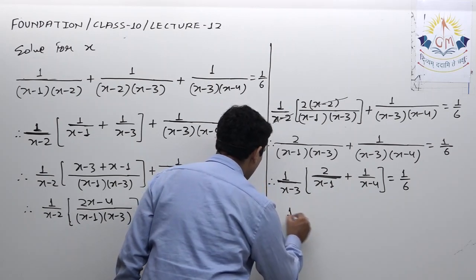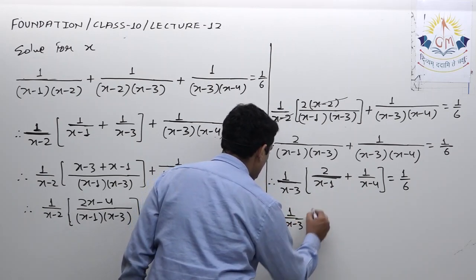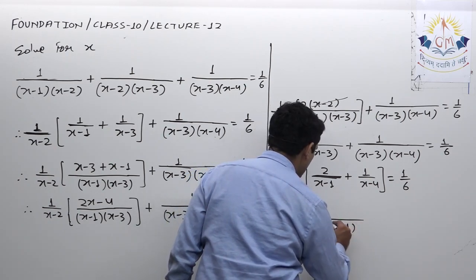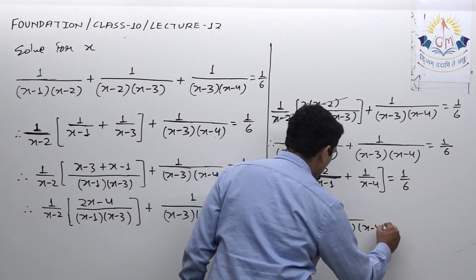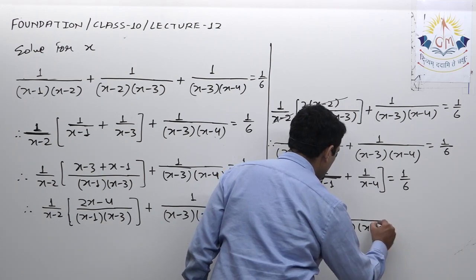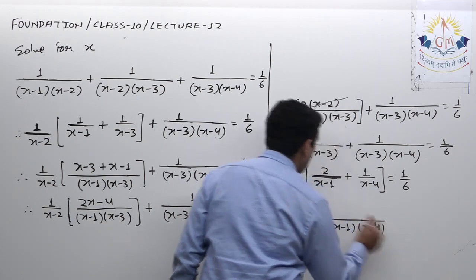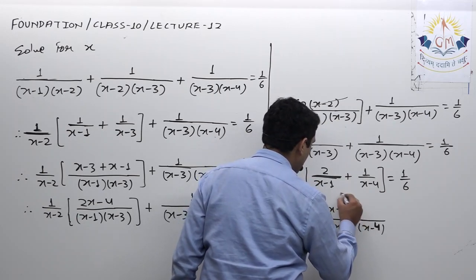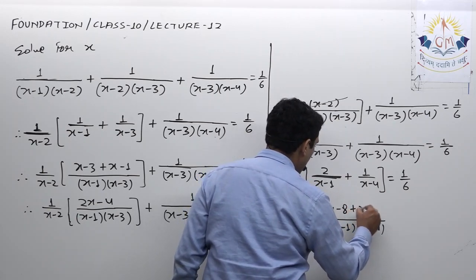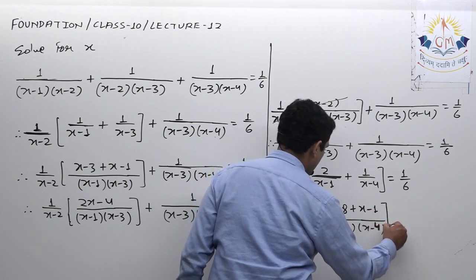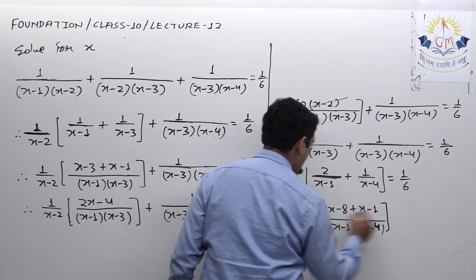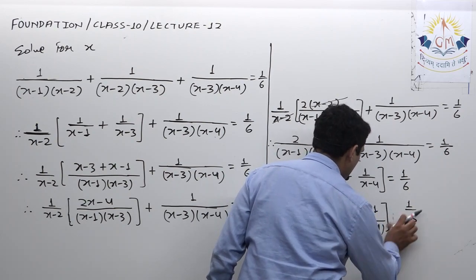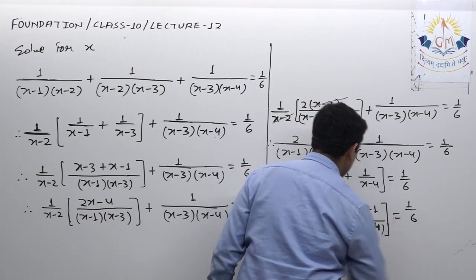Now when I simplify this further, the LCM will be (x minus 1)(x minus 4), isn't it? What I get over here is 2x minus 8 plus x minus 1 is equal to 1 upon 6. I hope it is clear up to this point.